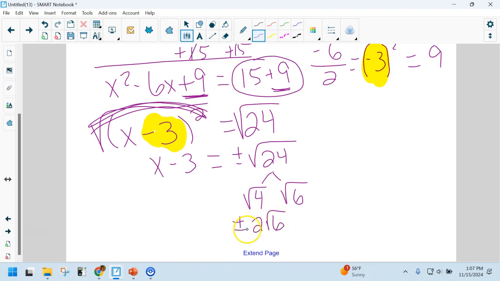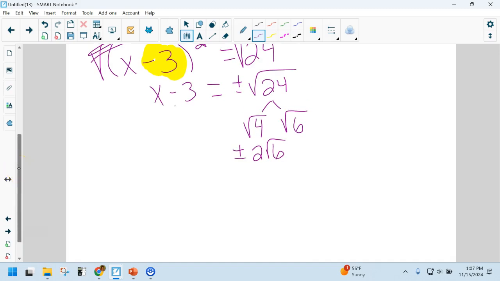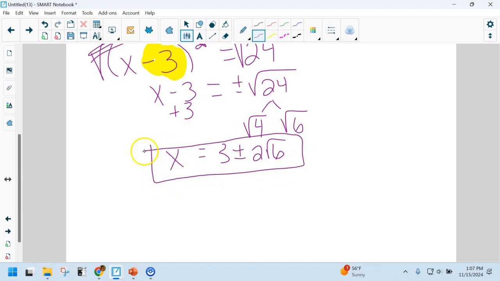Don't forget that plus or minus. And then I'm going to be a little lazy here and say to get x by itself, I would add 3. Well, if I add 3 to the left, I have to add 3 to the right. I'm just going to add that 3 right in front and say I just added that 3 over to that side. So I have 3 plus or minus 2 root 6.